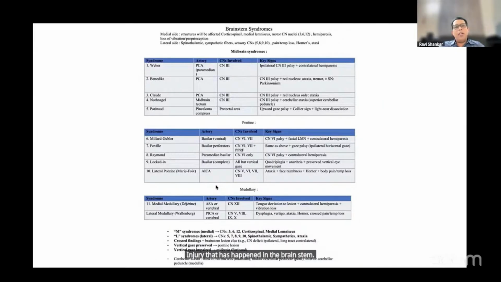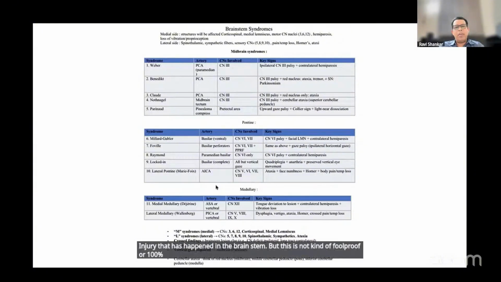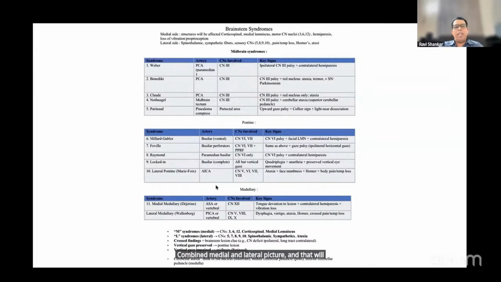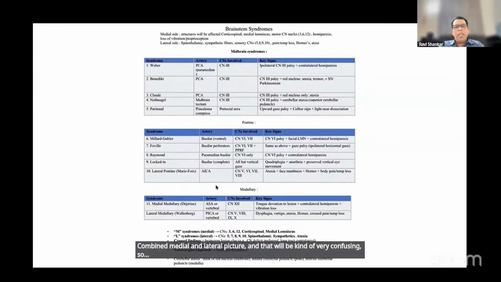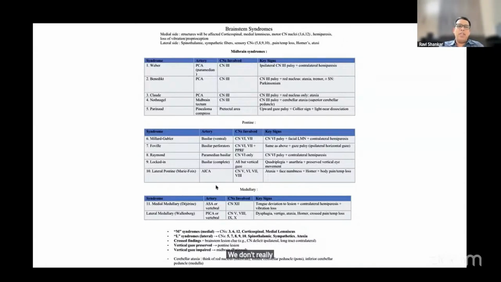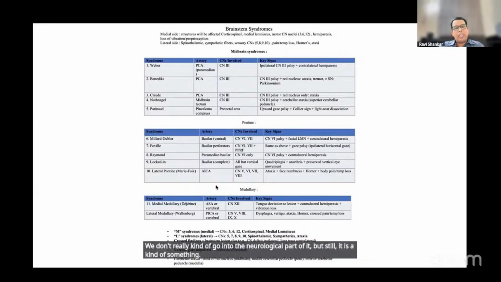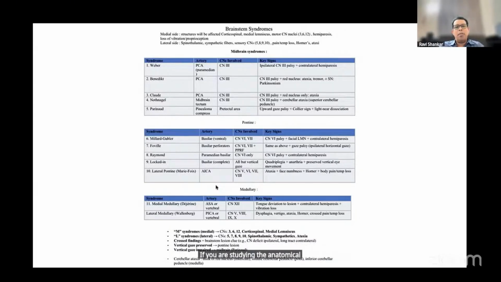But this is not foolproof or 100%. For example, with basilar occlusion you can have a combined medial and lateral picture, which can be very confusing. In this era of radiology we don't really go into the neurological part of it, but if we are studying the anatomical part, this becomes very important.